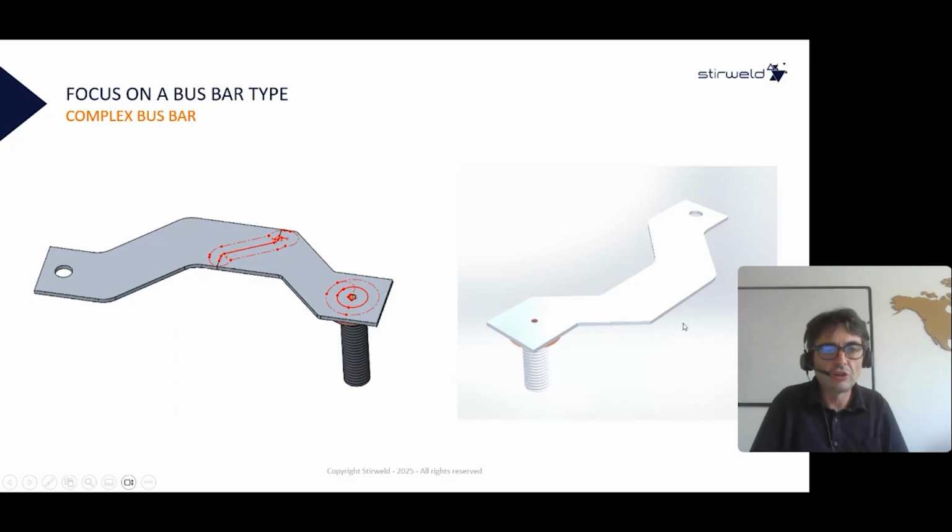The second application is what we call a complex bus bar. So we have two welds. The first classic weld for bus bar is to assemble this axis onto this flat component.